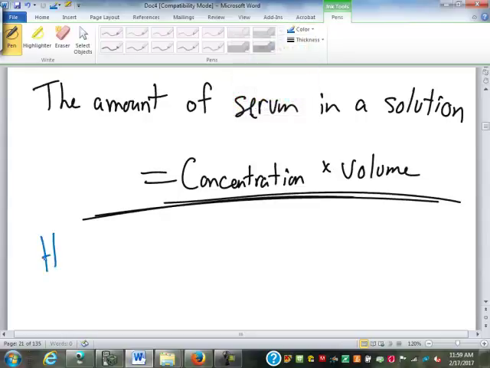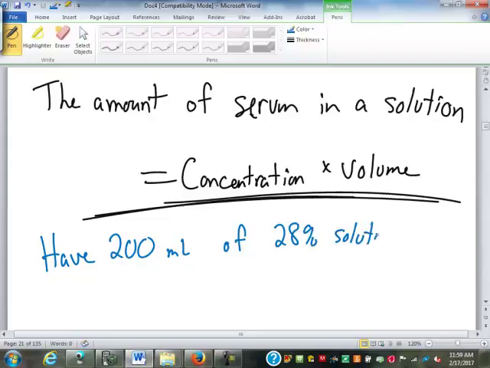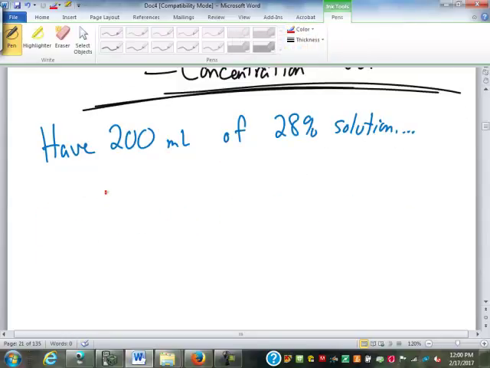So if we have 200 milliliters of a 28% solution, the amount of active ingredient here, the amount of serum, the concentration is the percent written as a decimal.